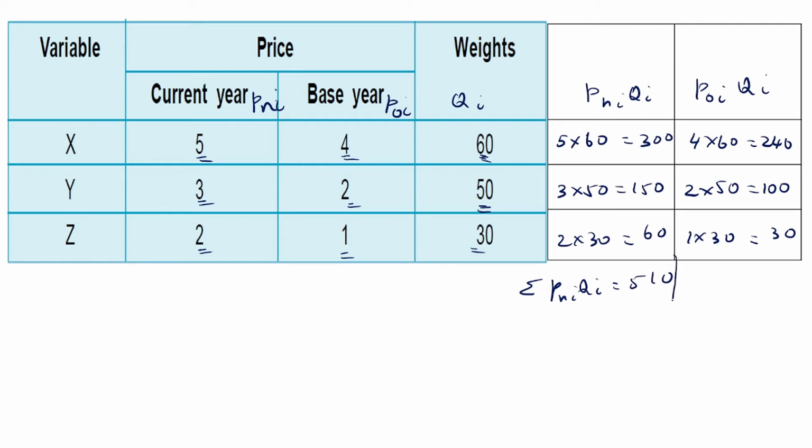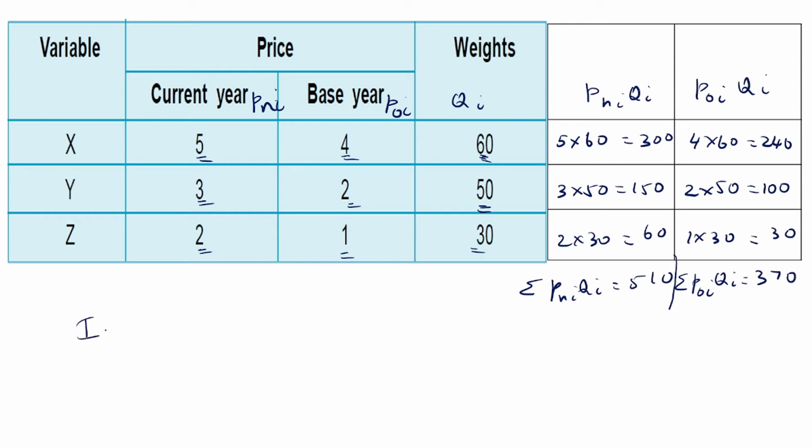And if we add all these, we will get summation P0i Qi. Summation P0i Qi will be 240 plus 100 plus 30. So it is 370.